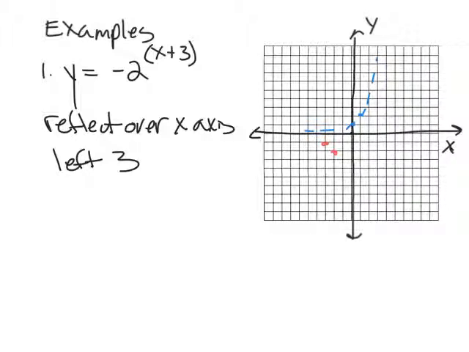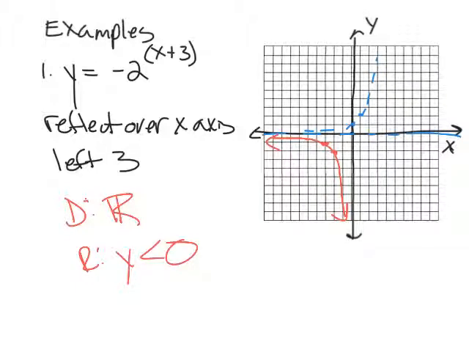So the horizontal asymptote is still y equals 0, and my new function is going to increase like that, or decrease like that, I guess. The domain is still all reals, and the range is now y is less than 0.